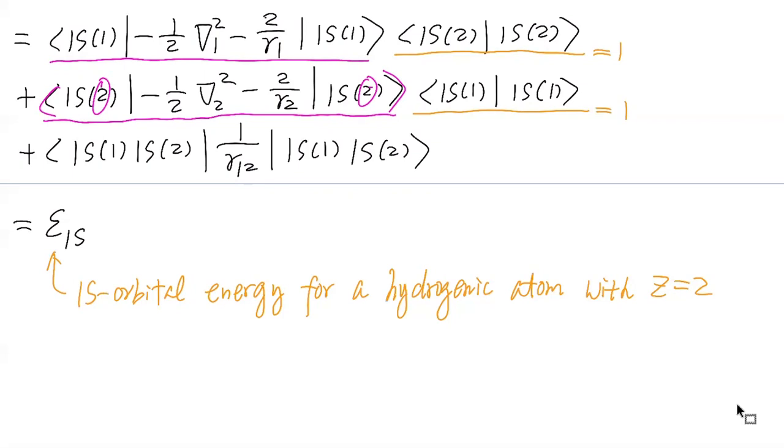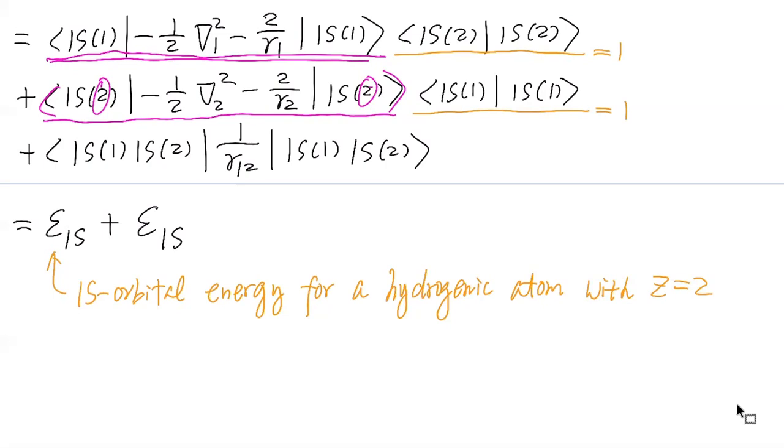So this integral gives you exactly the same value as this first integral. So again, you have epsilon 1s, another 1s orbital energy, right? Because you have 2 electrons occupying the same spatial orbital, right? In this lecture, we only consider restricted determinants, okay?